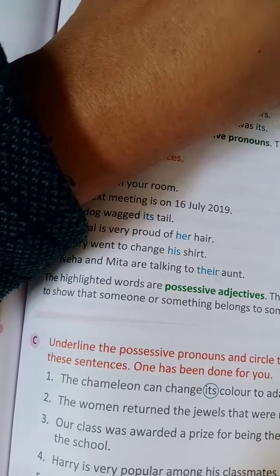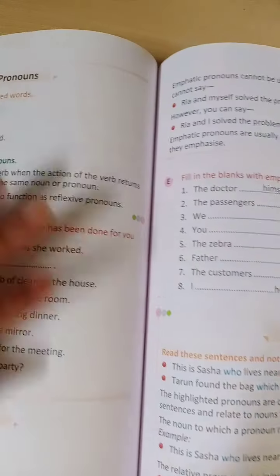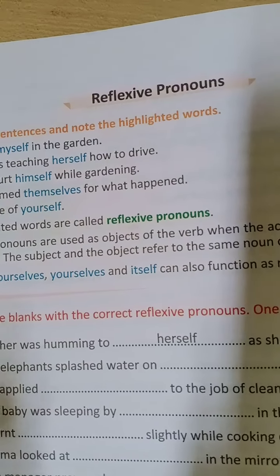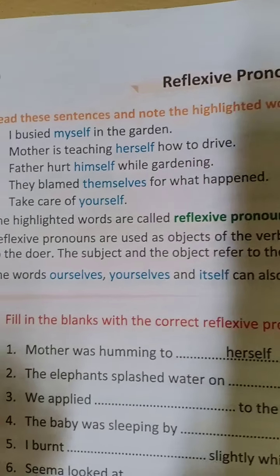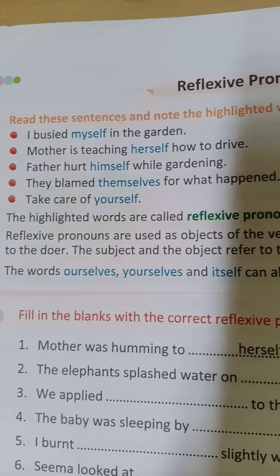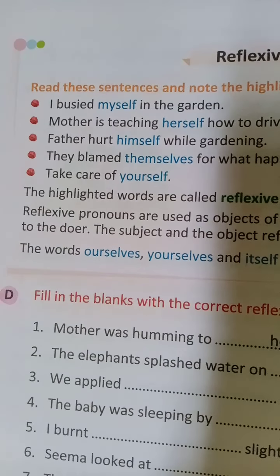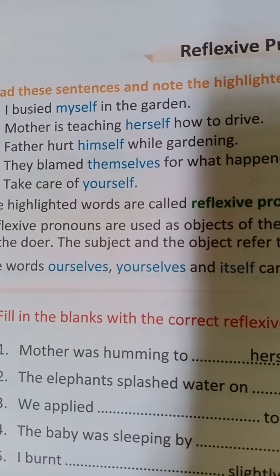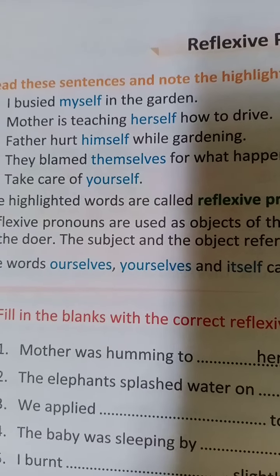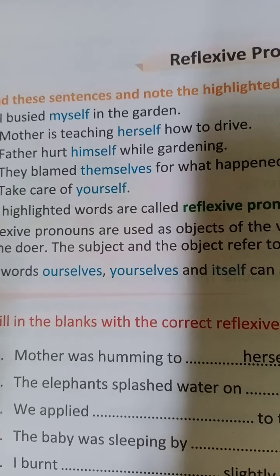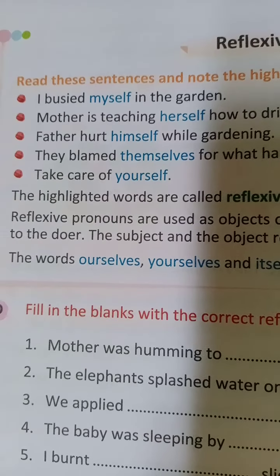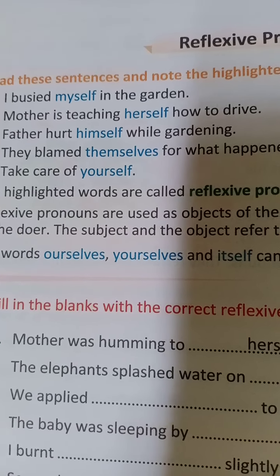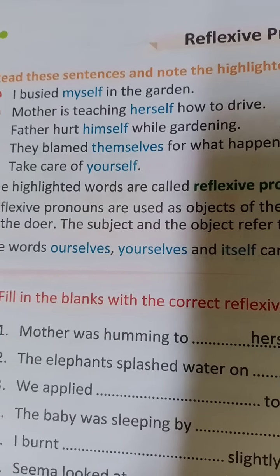Now let us see the next one, that is reflexive pronoun. I busied myself in the garden. Over here the action is reflecting back onto the same person. So that is said to be a reflexive pronoun. I busied myself, that is, the myself is reflecting back on the person I. Mother is teaching herself how to drive.